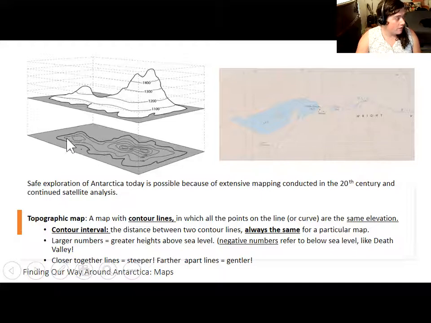You have lower points on the outside making a line, and then progressively higher lines on the inside. And this is how you can show a mountain on a two-dimensional surface without simply drawing in mountains like you would find on a Lord of the Rings map.